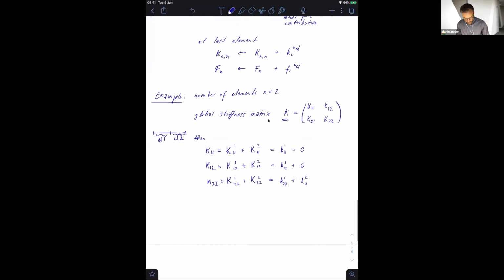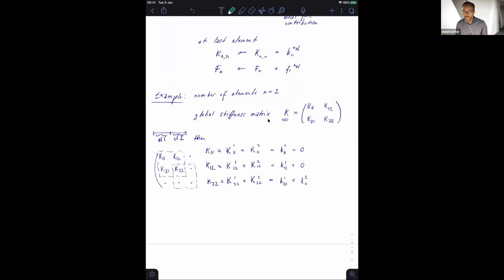So you can think of the matrix of having these contributions from two elements, but now because a boundary condition is applied, we have the first element contribution here, and the second element contribution would be this part.